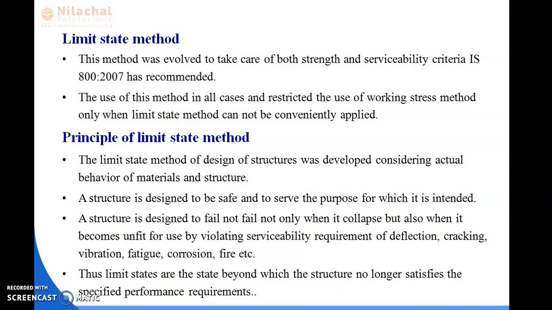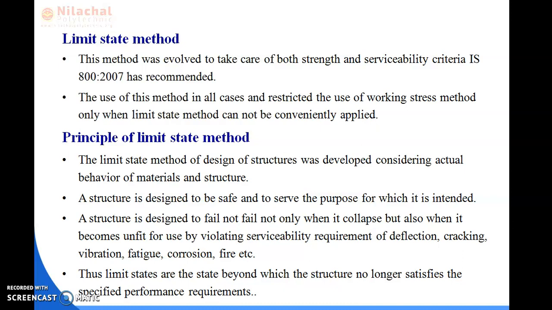The next one is that a structure is designed to be safe and to serve the purpose for which it is intended. That means, as I said before, if we know the time when the structure is going to fail, then we can reconstruct it before the failure, so that it gives safety and good suitability to the structure, which is helpful for human beings and also economic in nature.